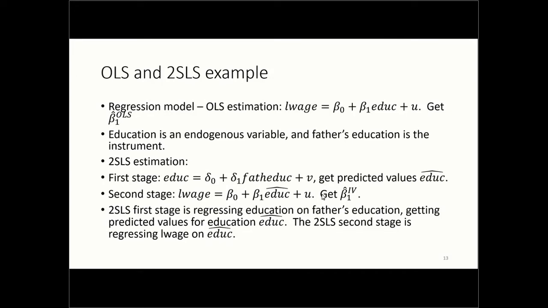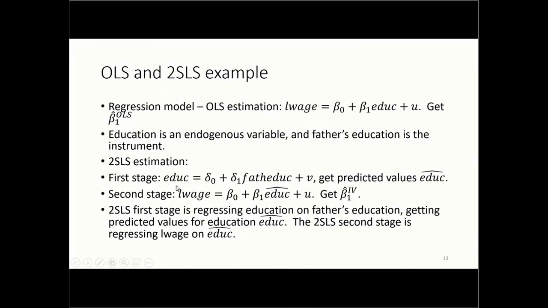Okay, so we did the IV coefficient using the formula. Now let's do the two-stage least squares. So in order to do the OLS model, we are just running a regular regression, and we're getting the coefficient here, beta 1. And if education is endogenous and father's education is the instrument, the two-stage least squares would be, first stage, we are running a regression of education on father's education.